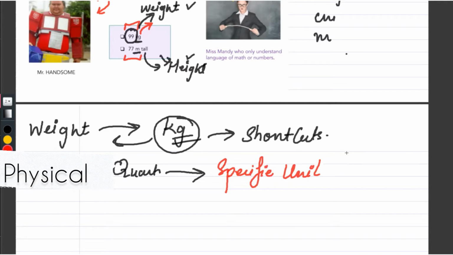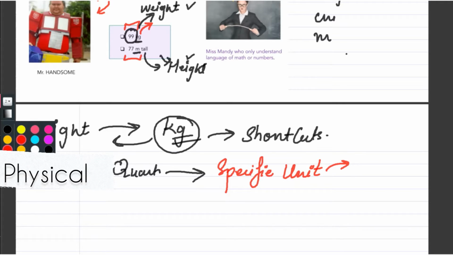So all physical quantities have units. This thing is clear. But we have a special system which will tell us which physical quantity has what unit.